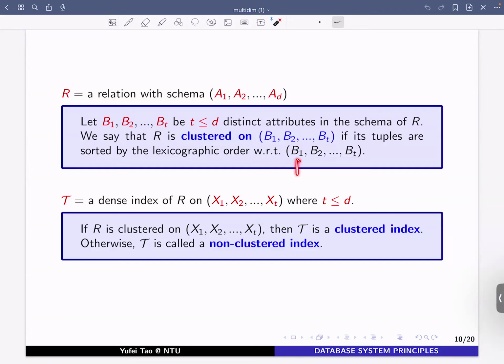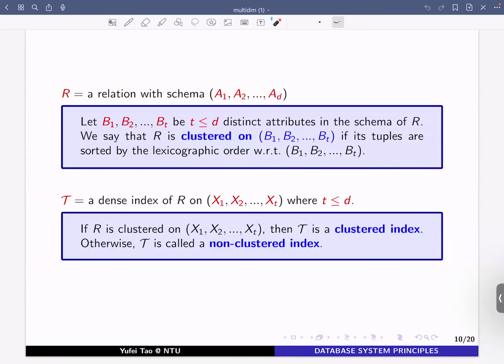So once again, two tuples get compared on B1 first. If you have a tie, you move on to compare their values on B2 and so on and so forth, and eventually you break the tie based on topology, okay? Then if you look at the file of this relation, you see that the tuples in the file have already been sorted according to the lexicographic order.